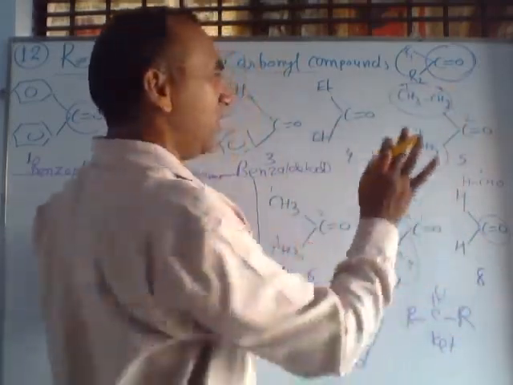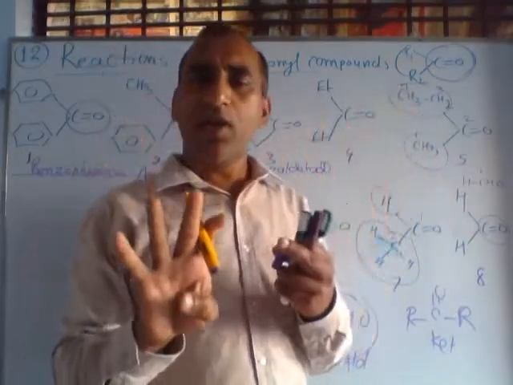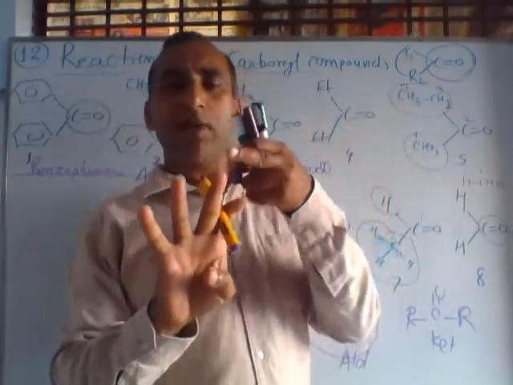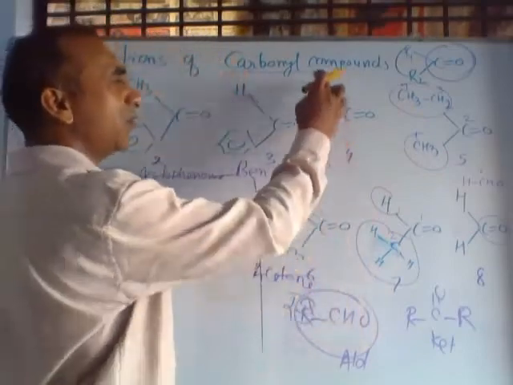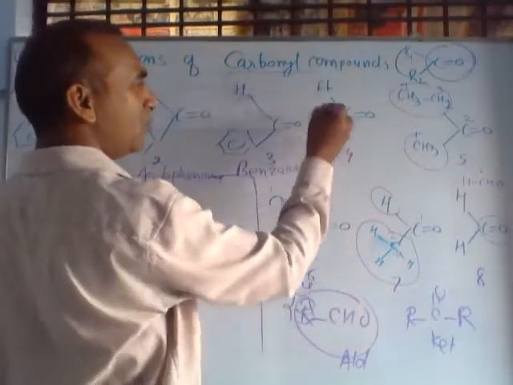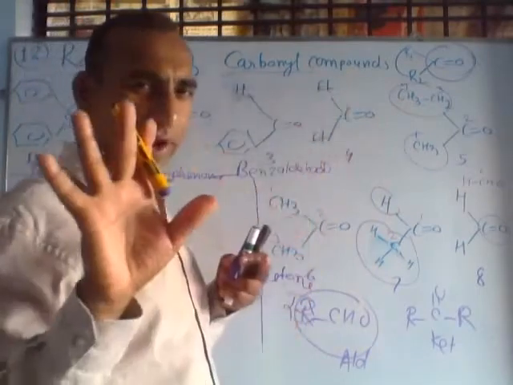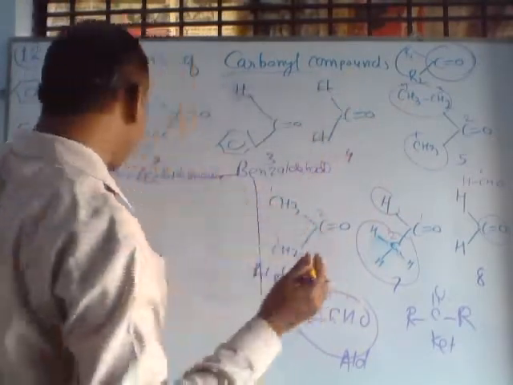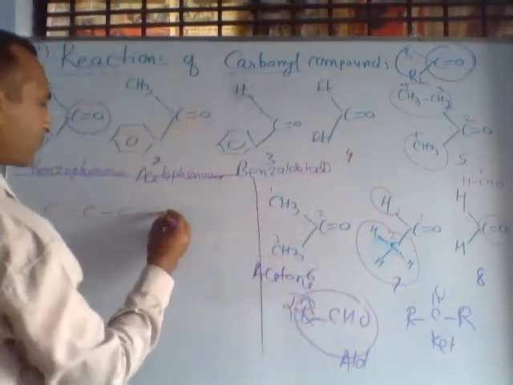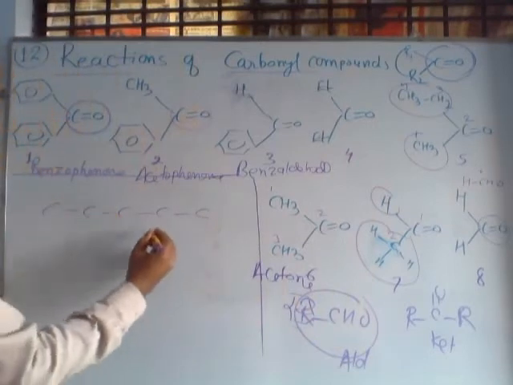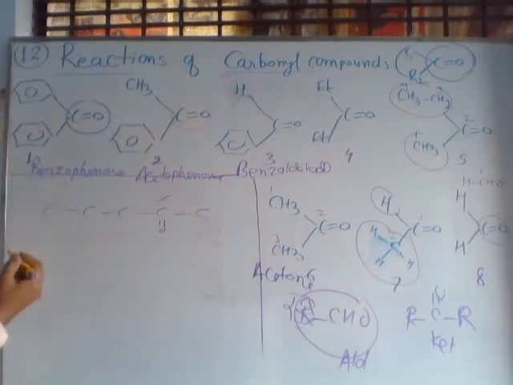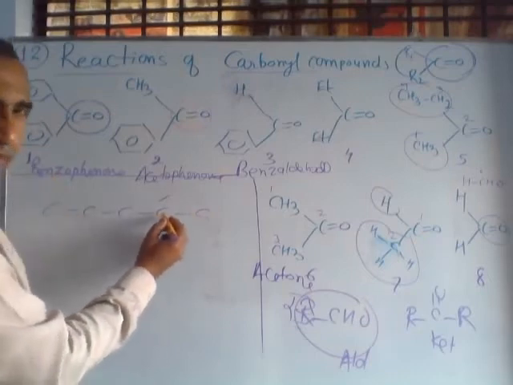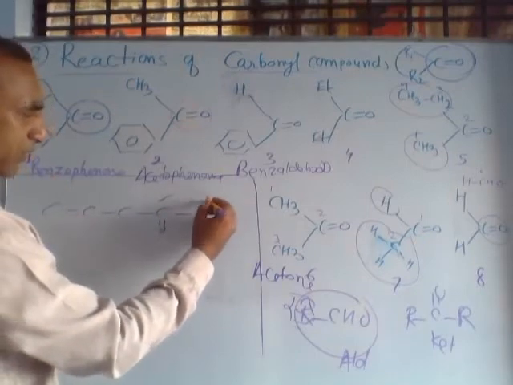Butanone means in 4 carbons, the ketone will be present in the middle, otherwise this carbon, otherwise this carbon. And here the total carbons are 5. Suppose this is a 5 carbon chain. In a 5 carbon chain, the ketonic group may be present here, otherwise here, otherwise here. So if the double bond is present here, you will count here 1, 2.